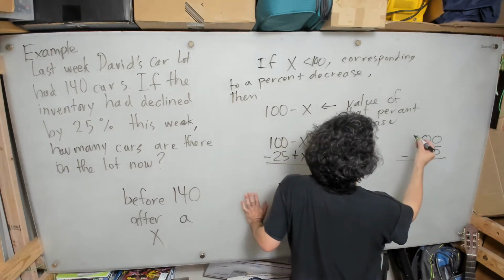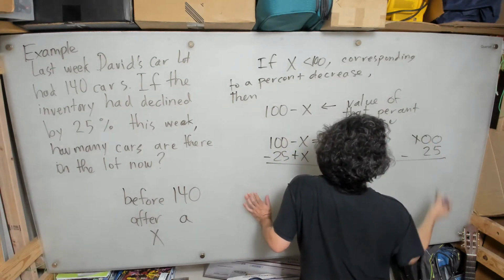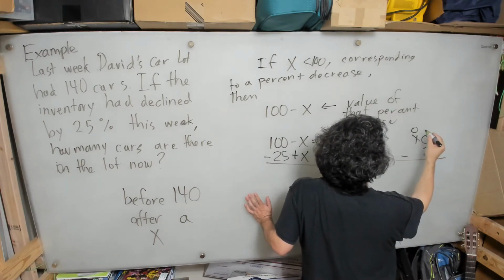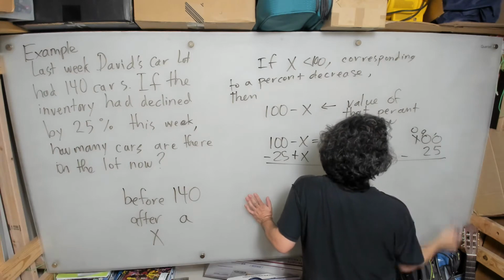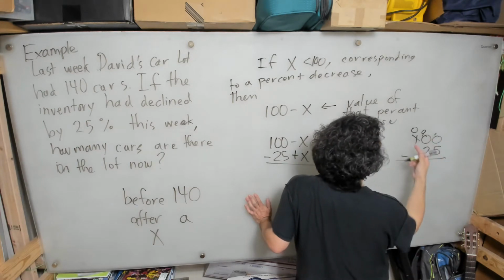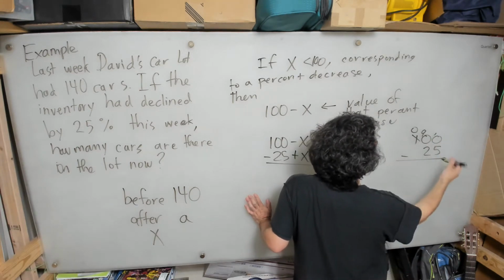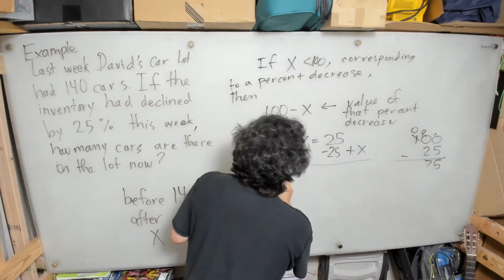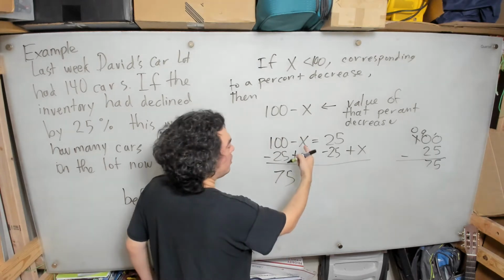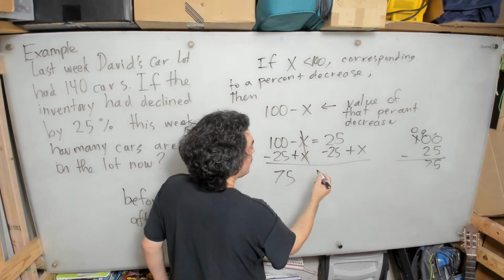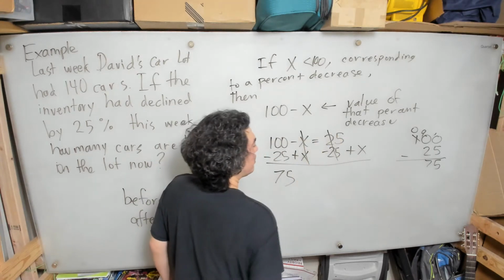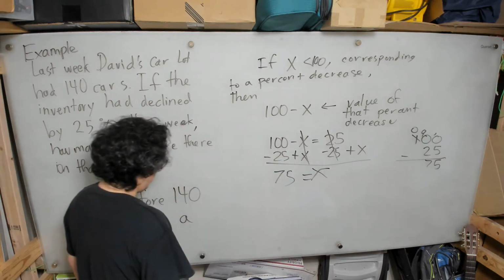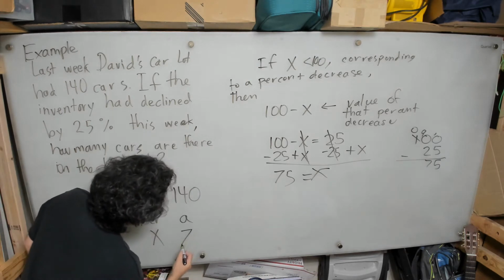No. So I'm going to borrow from the 100. This is going to become 0. I'm going to make this into a 90, and this into a 10, because 90 plus 10 is 100. 10 minus 5 is 5. 9 minus 2 is 7. So I can see that this is 75. When I added the X, this went away. When I subtracted the 25, this went away. And I'm left with 75 equals X. So that is 75.